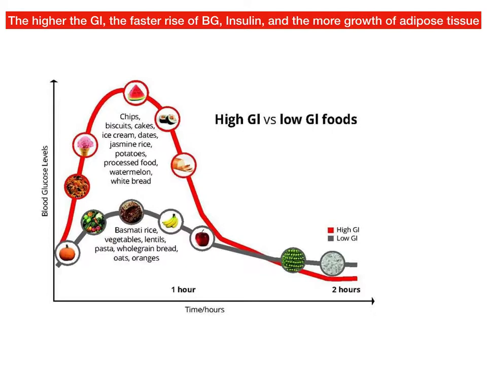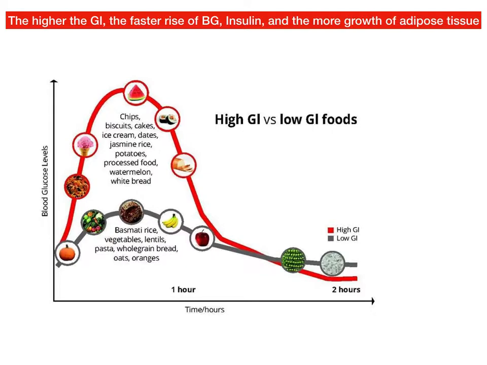So it doesn't have a high glycemic index. Certain foods like chips, biscuits, cakes, and processed food, and of course table sugar itself, will have a high glycemic index. And the low glycemic index, you can guess it, is the vegetables and fruits, oats, beans, lentils, all these types of food which have higher fiber content.